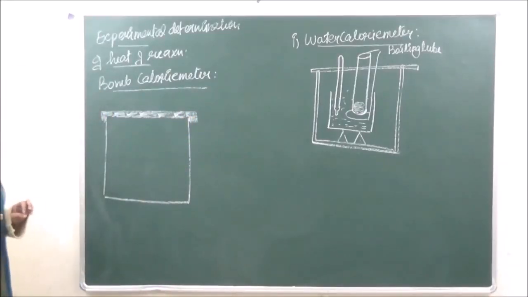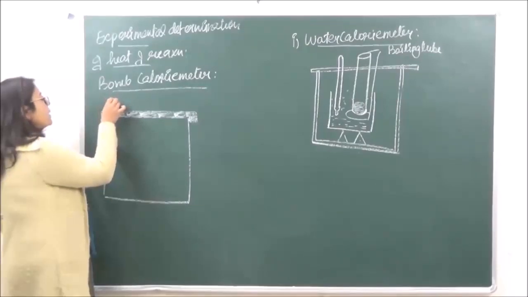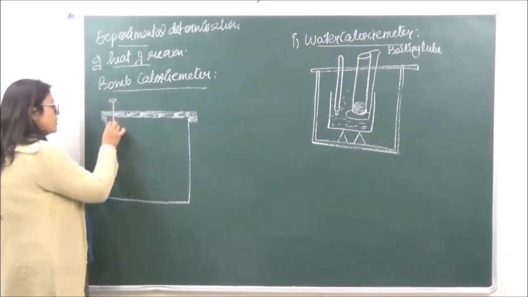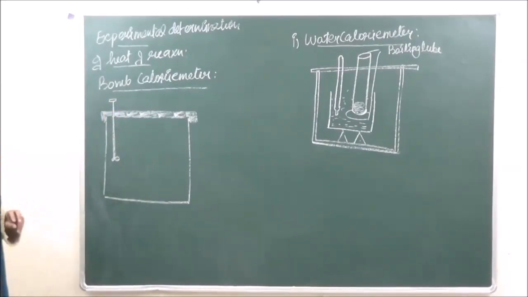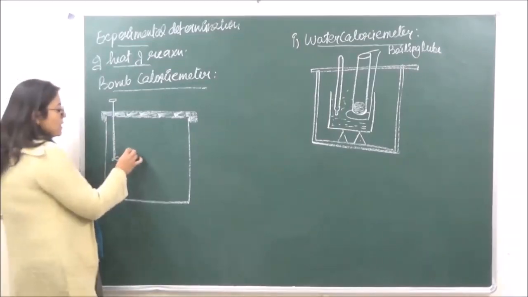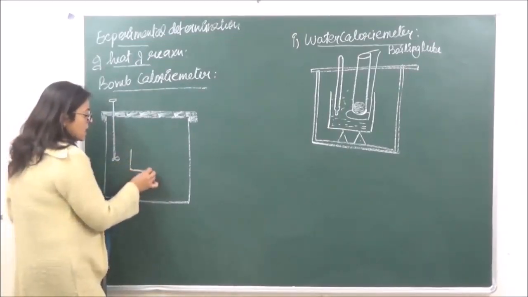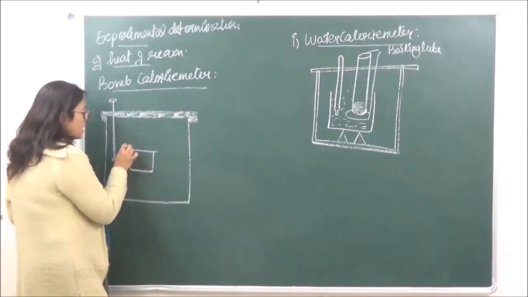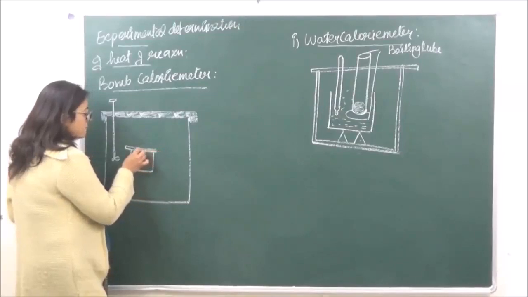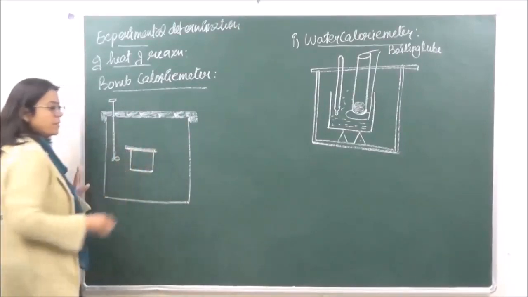और फिर उसके बाद we are going to place a stirrer over here. This is going to be the stirrer, and then we are keeping a steel bomb. Steel bomb means a vessel which is made up of steel, and that is also thermally insulated.